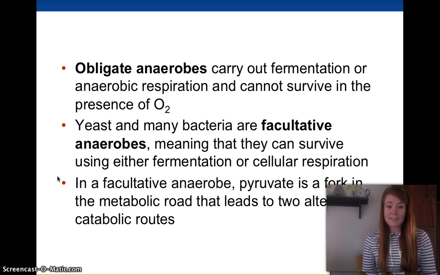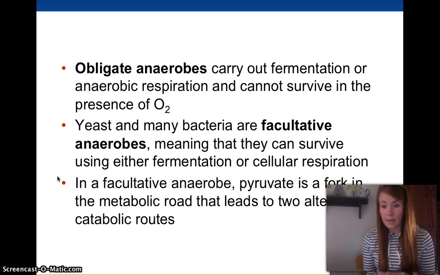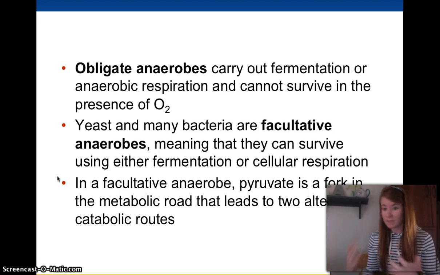This sentence: in a facultative anaerobe, pyruvate is a fork in the metabolic road that leads to two different catabolic routes. So what that means is pyruvate is always made. Glycolysis happens and pyruvate is made from glucose. Now, when it gets to pyruvate, this is when decisions are made by the cell.